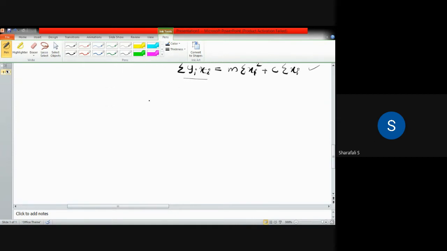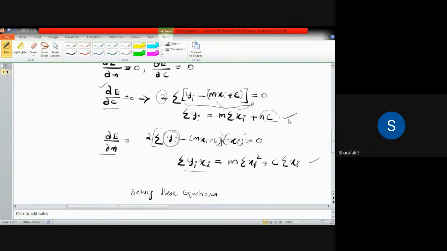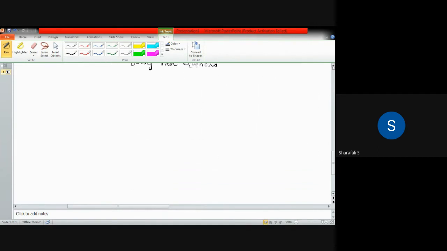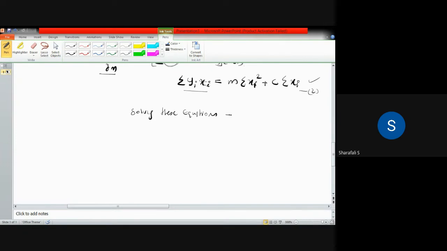If you further solve these equations, let us consider this as equation number 1 and this as equation number 2. So we have to solve equation number 1 and 2. How can we solve this?